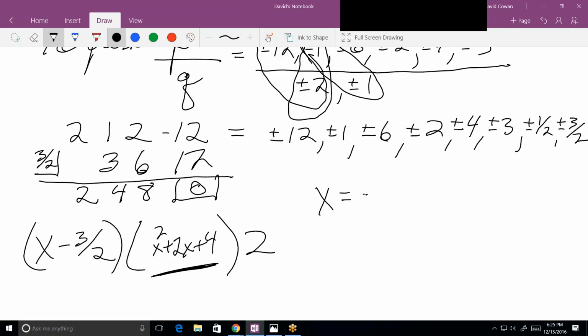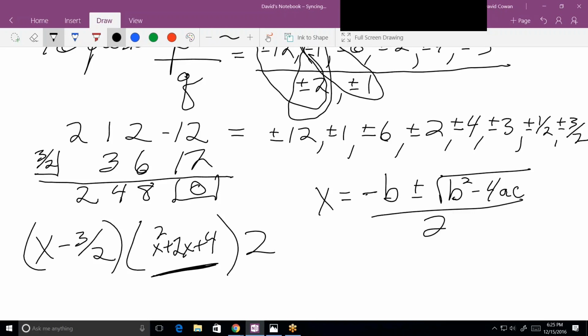Negative b plus or minus the square root of b squared minus 4ac, over 2a. Right. You want to memorize that. You're going to need to know that for a lot of things, but particularly for your class. That's not going to be one they give you, I'm quite certain.